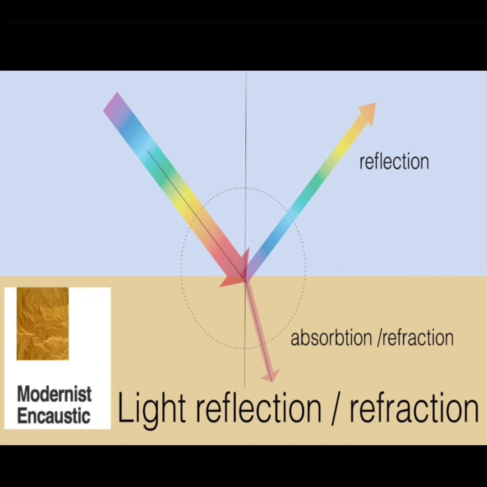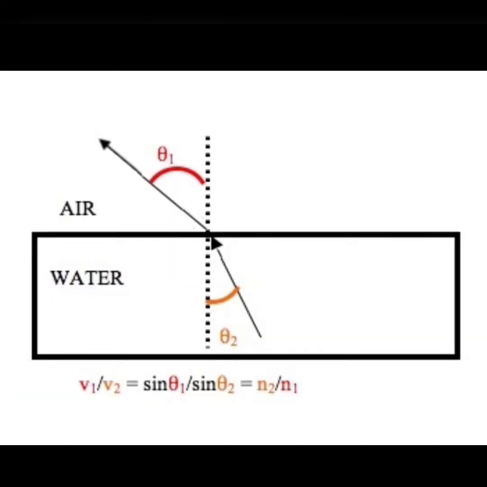But it cannot travel with the same speed because the medium has been changed. So, the light rays traveling from a rarer medium like air into a denser medium like glass or water are deviated from their straight line path.